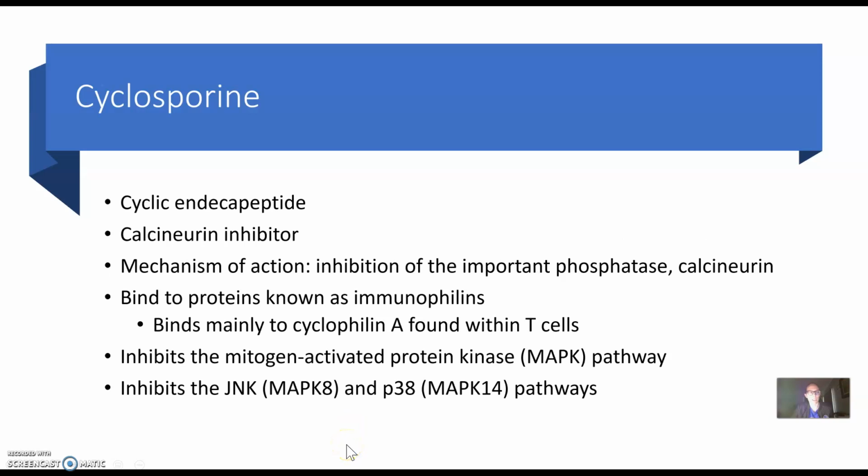Cyclosporine is a cyclic endecapeptide, and it is also a calcineurin inhibitor. The mechanism of action is inhibition of the important phosphatase calcineurin, and it binds to proteins known as immunophilins, mainly to the cyclophilin A found within T cells.